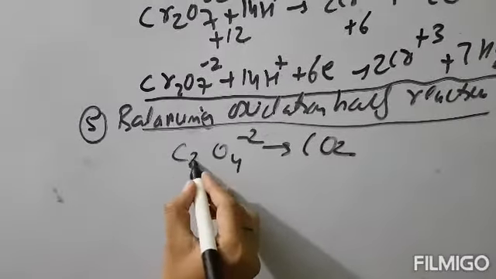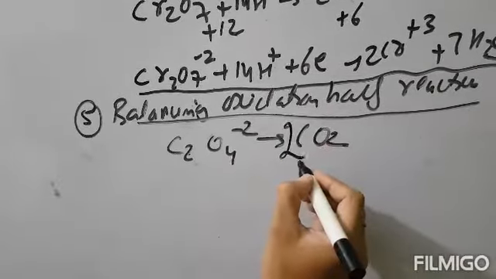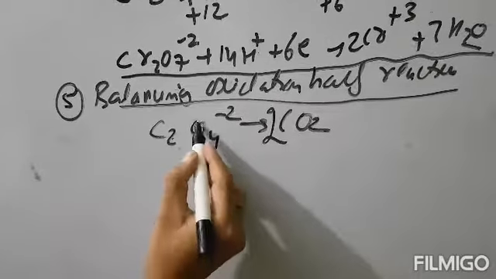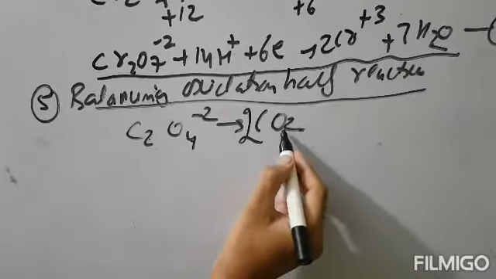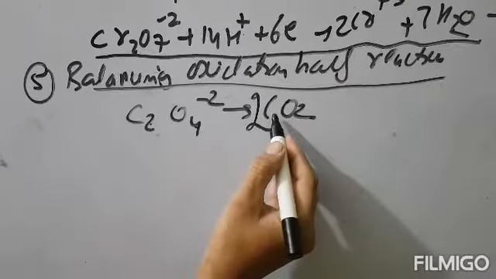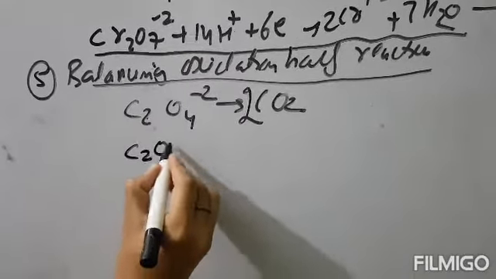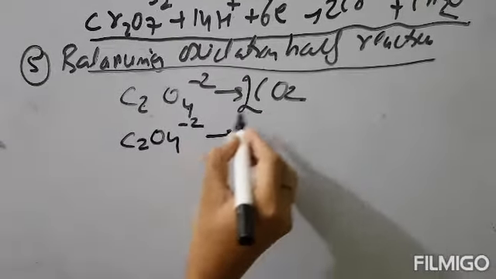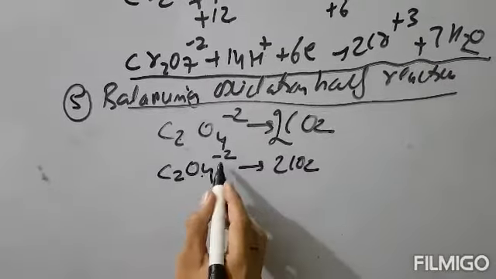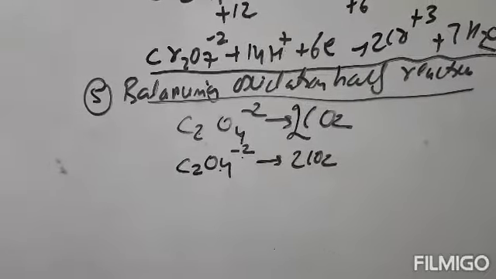Here carbon is 2, here carbon is 1, so we balance it by putting 2 here. Now oxygen atoms are balanced: here oxygen is 4, here oxygen is 4. There is no hydrogen atom on this side. Now we are going to balance the charges. So we get C2O4 2- giving 2 CO2. On the left hand side, we have -2 charge.